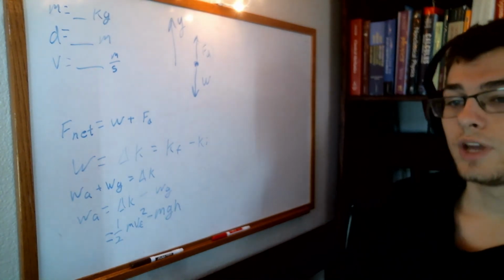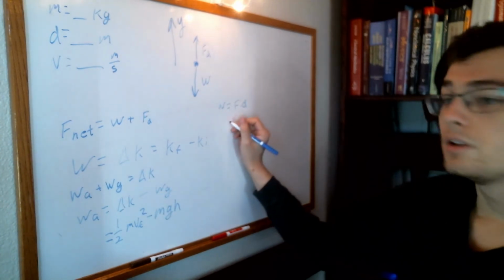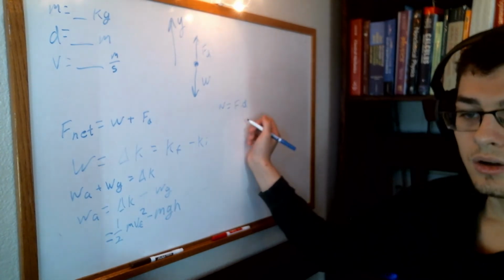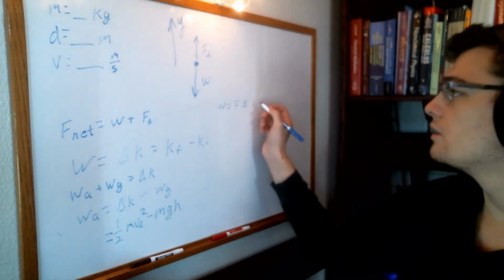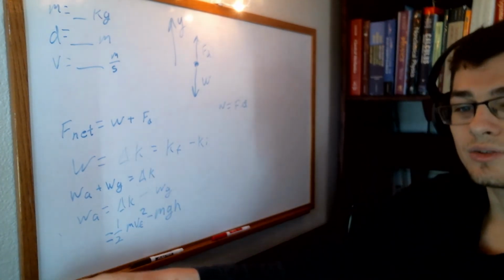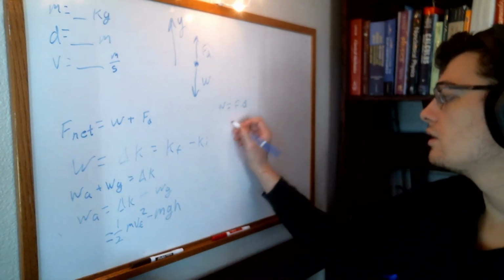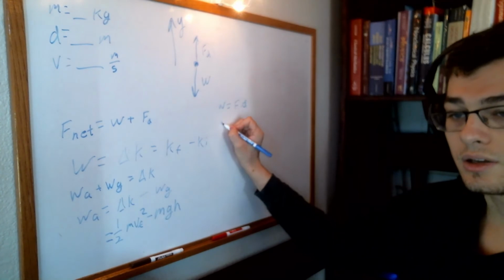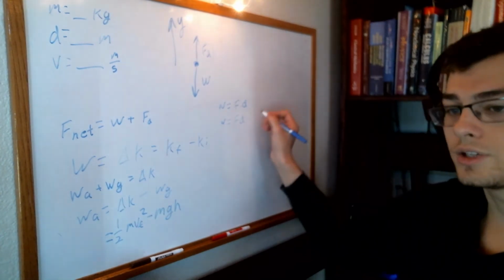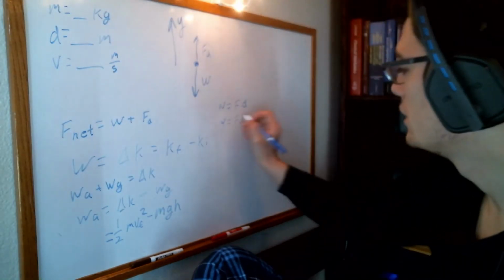All we have to do is say that W is equal to F dot D. In this case, the force is going to be opposite to the motion, so cosine theta is going to yield us a -1. So work is equal to FD cosine theta, but we know that cosine theta is going to equal a negative value here.